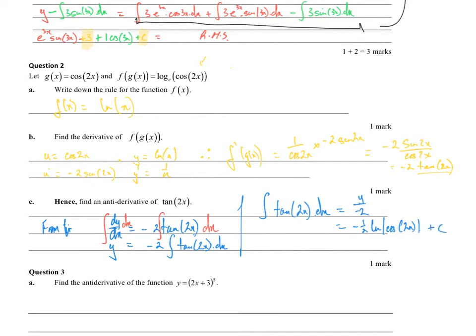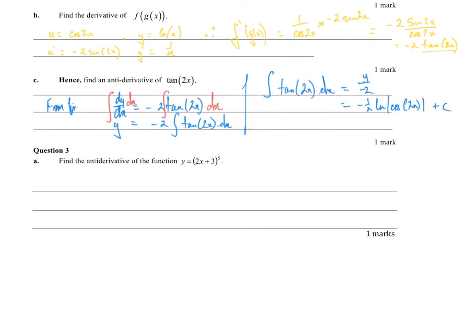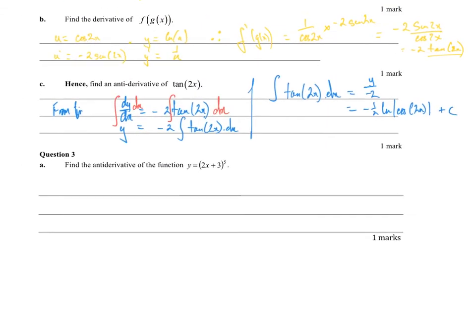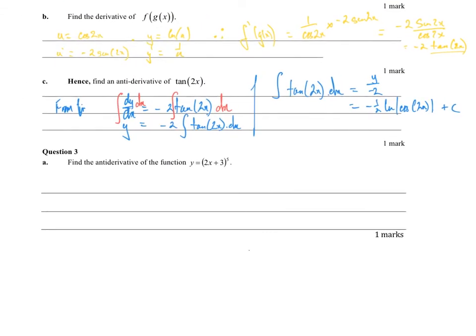All right, so there's our recognition process again. Find the antiderivative of the function. Okay, so that's what we've got. Find the antiderivative. So I've got 2x plus 5 to the power of 5 dx.